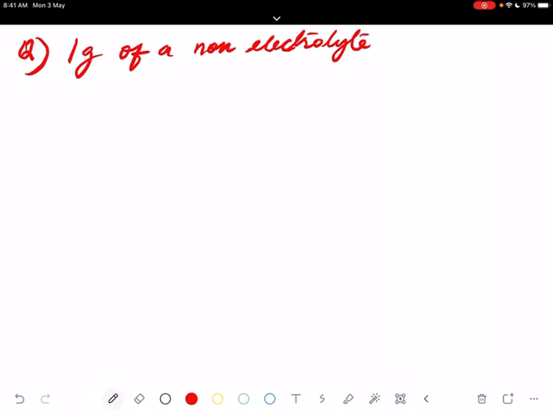Non-electrolyte means on dissolution in water, it will not be getting converted to plus minus ions. Means one molecule you are putting, that will be remaining as one molecule only. If you are putting NaCl, then that one NaCl will be getting converted into two particles, that is Na plus and Cl minus.